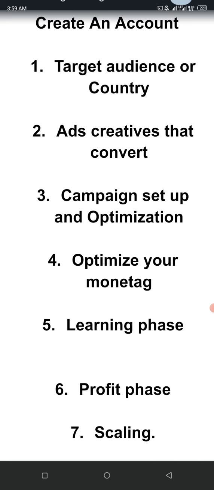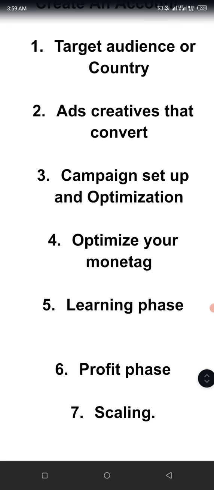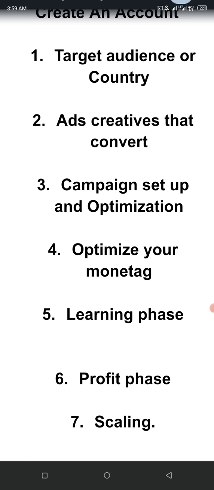The CPM is now 15, 13, 20 based on the average CPM. But when you are optimizing your Monetag account, you will surely be earning around that money you are spending on Facebook ads back, or you make a slight profit.